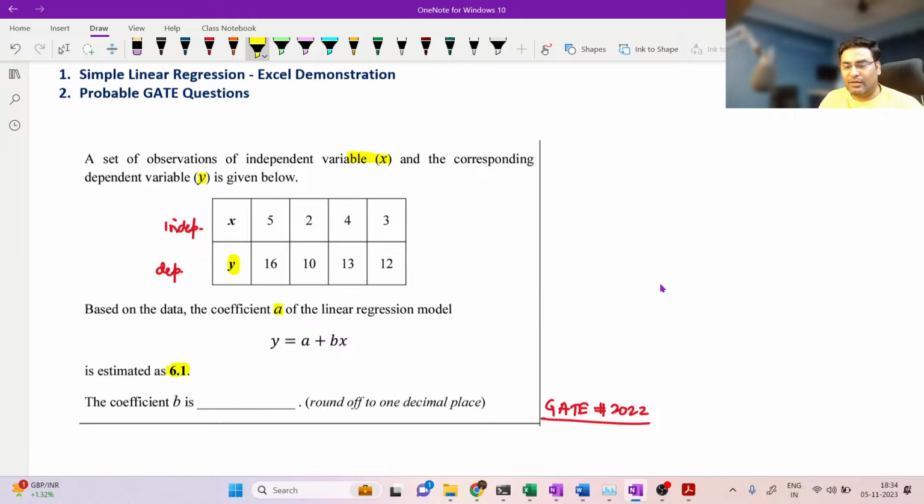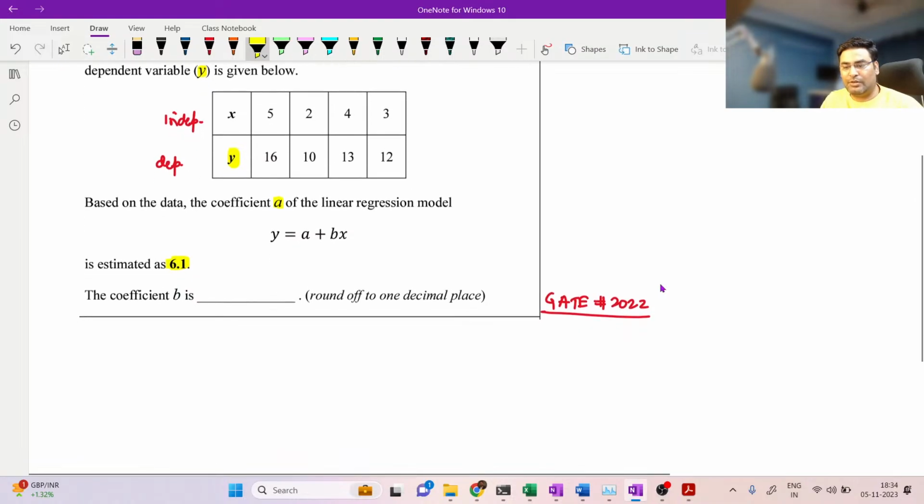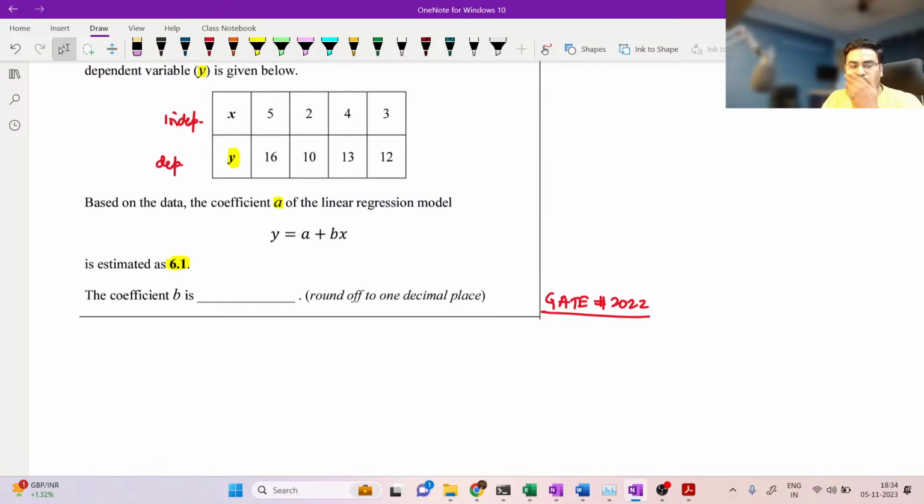So they know that A is given as 6.1. They are estimating for the B. How will you answer this question? Anyone? And my eyes are on the chat. I've already told you the approach.